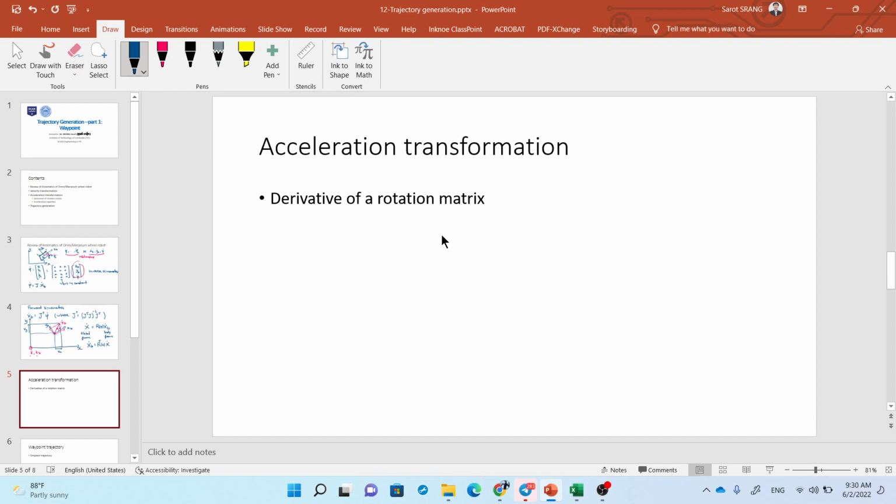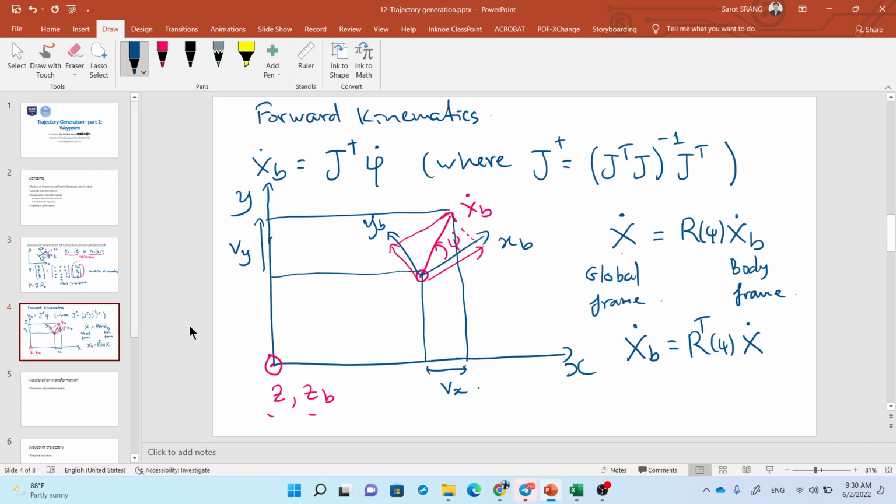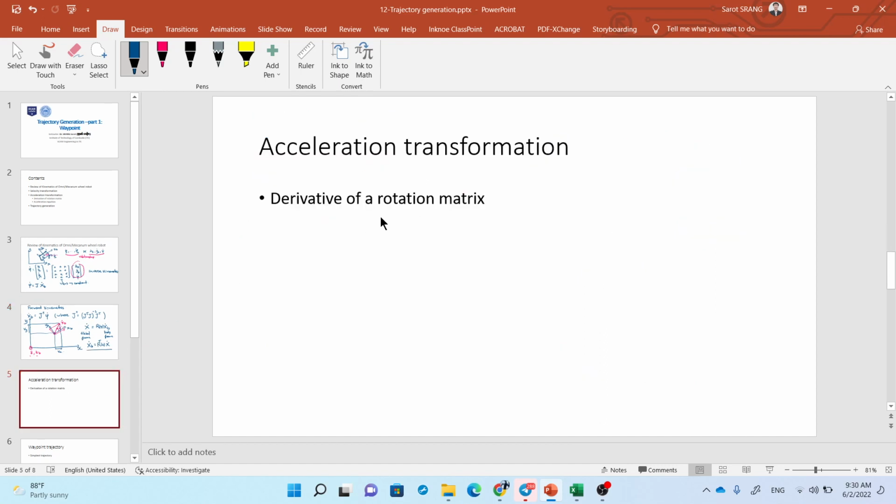Okay, so I will start from this and come to this point: why we need to find the time derivative of the rotation matrix. So we have h dot equal to rotation matrix times h_b dot. Then I want to find the acceleration.